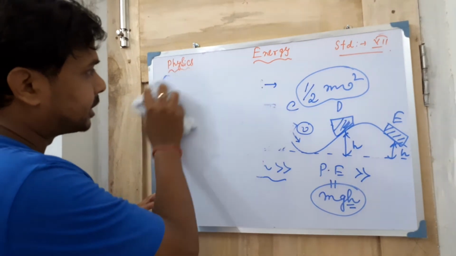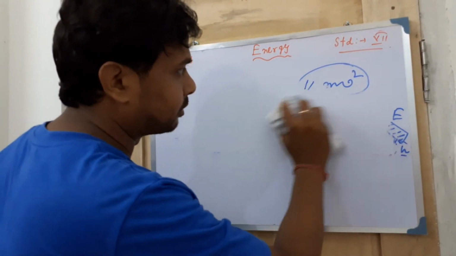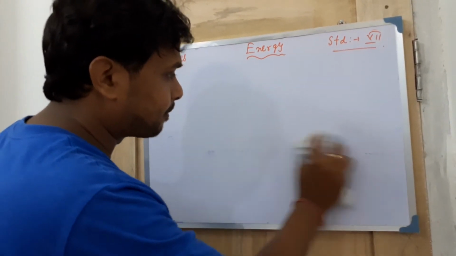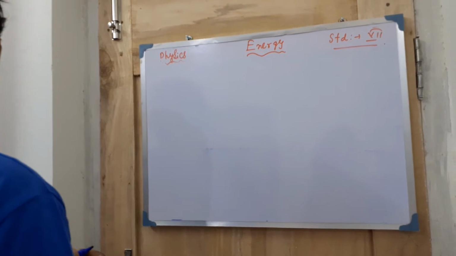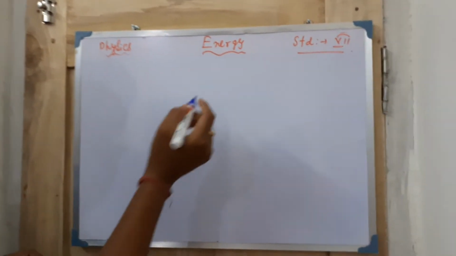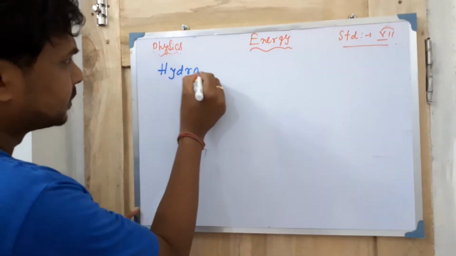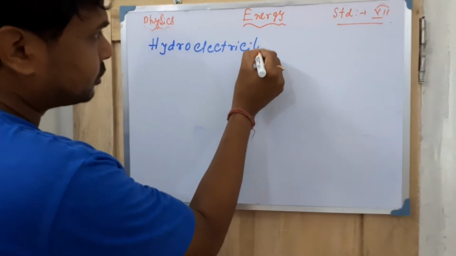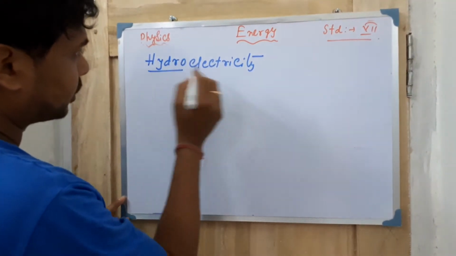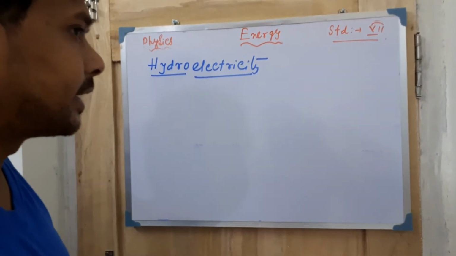The next part of this chapter, most probably the last part of this chapter, is the production of hydroelectricity. If you talk about hydroelectricity, hydro means water, as we all know, and electricity means current will be generated here.